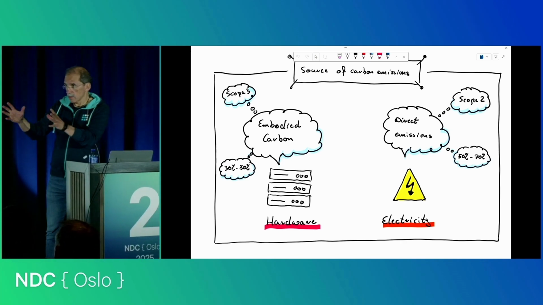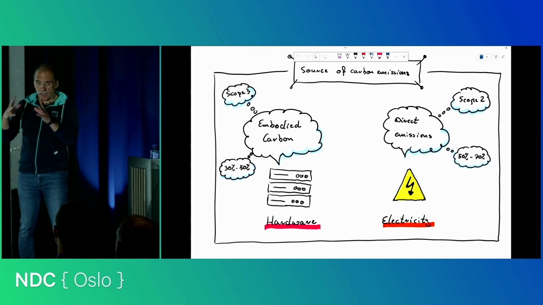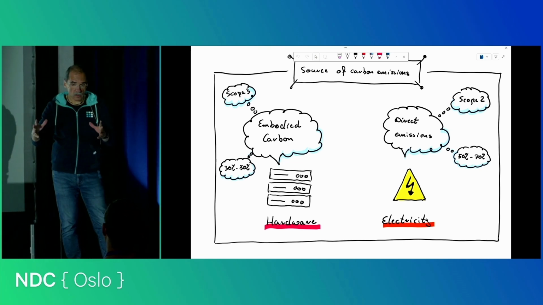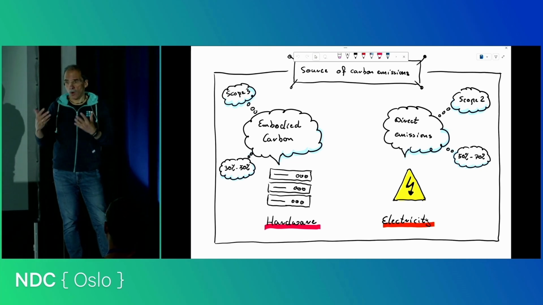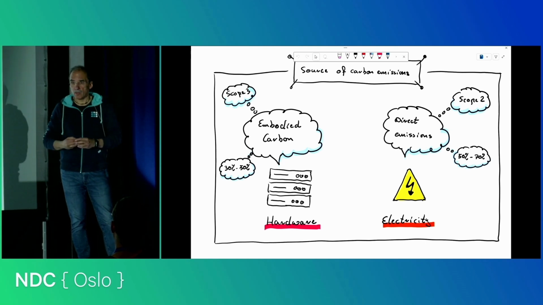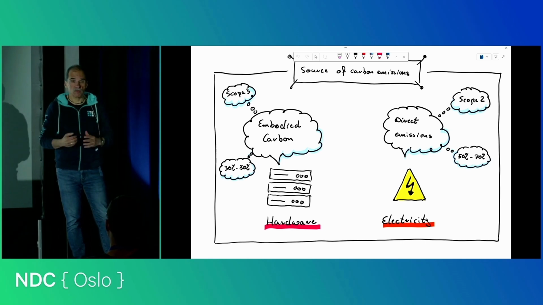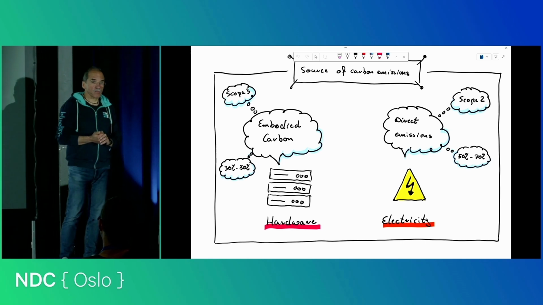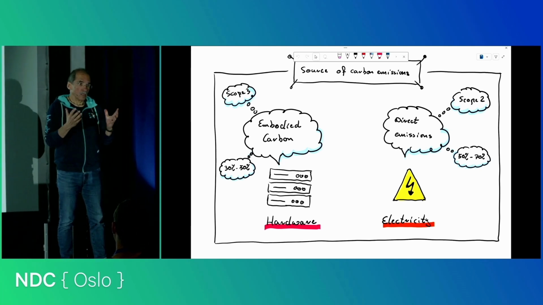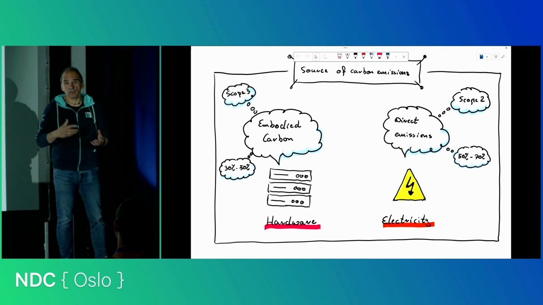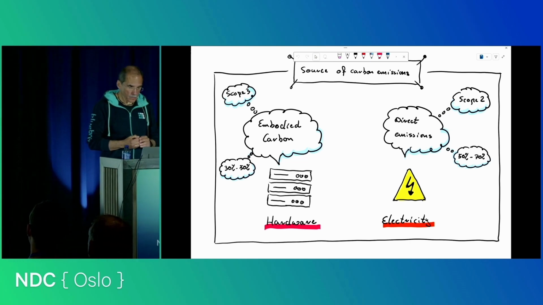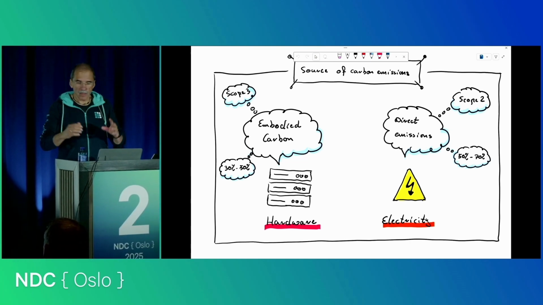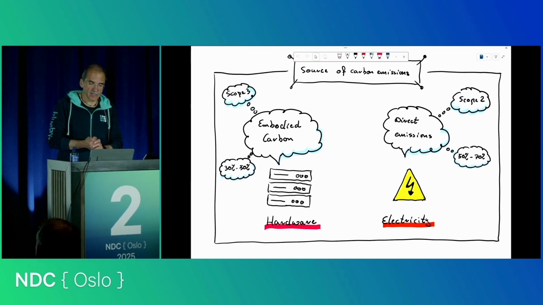But if you look at the data center or on the server side, then it's vice versa. There is more on operating the server because there are big machines with a lot of CPUs taking a lot of power, so the embodied carbon is more or less 30% or so. It depends, as always in IT.